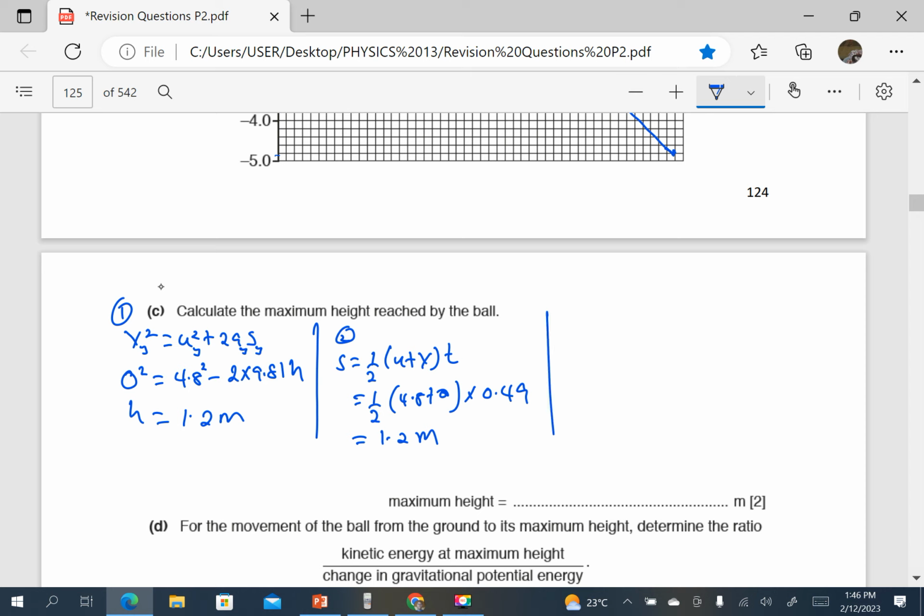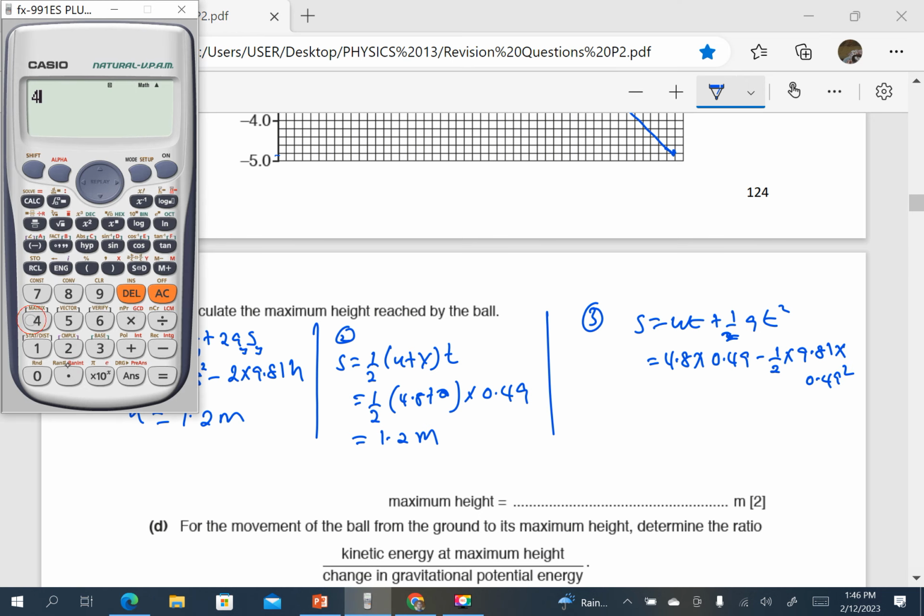I could also use s. This is method number 3. I could use s equals ut plus a half at squared. They have mentioned the time to reach maximum height as 0.49, so s is equal to the initial velocity in the vertical, 4.8, times 0.49, minus, because it moves against gravity, a half times 9.81 times 0.49 squared.